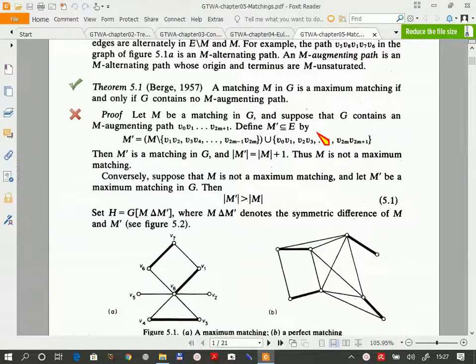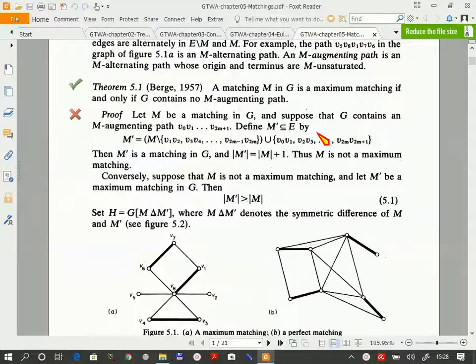The idea on one side of the proof is that if you have an M alternating path like that, such that the initial edge is not in M, the following edge is in, the following is not in M, the following one is in, and so on and so forth, and at the end you end up with one edge again, like at the beginning, which is not inside the matching.